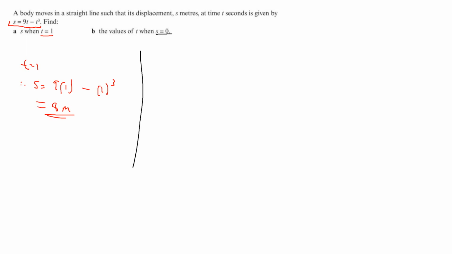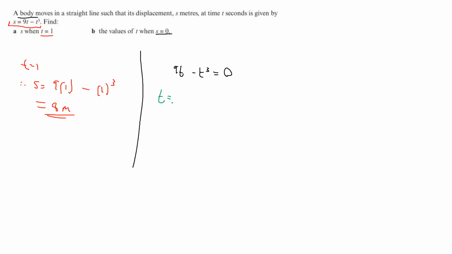So at what point would a body move into the origin? This time, 9t minus t cubed is equal to 0. So now it's just finding out what t is. This one's pretty straightforward. All we're going to do is factorize it. So we'll take t out of the equation.